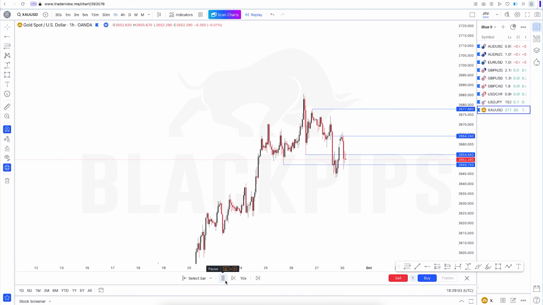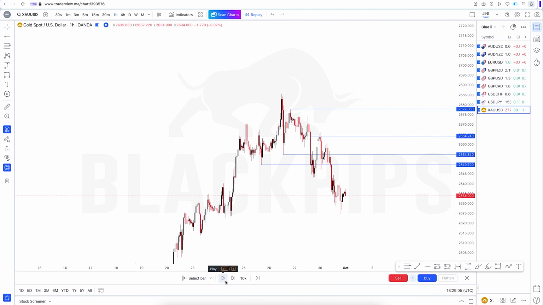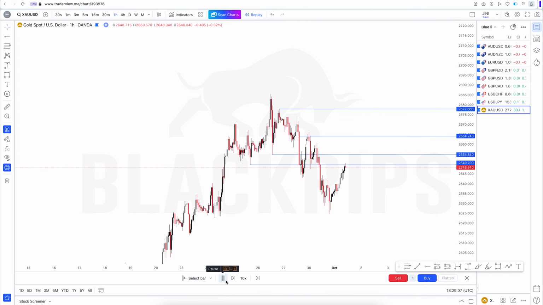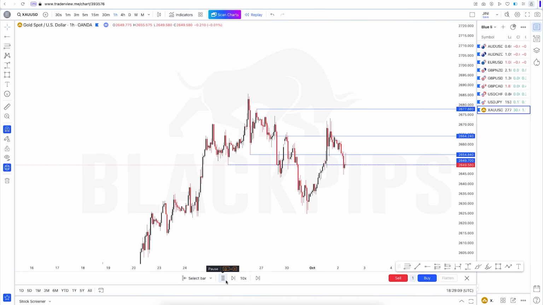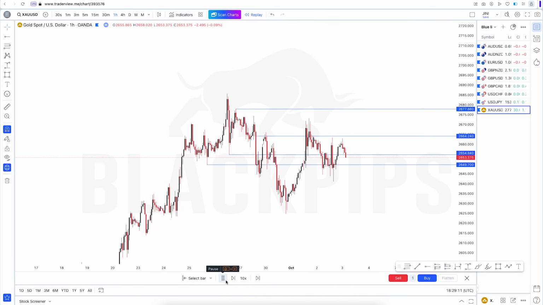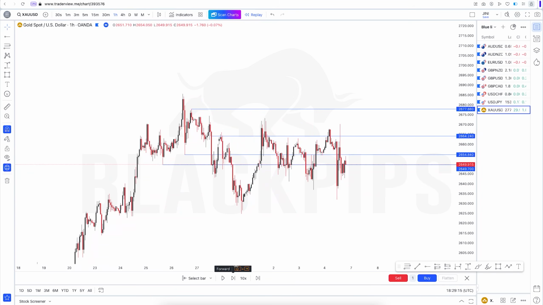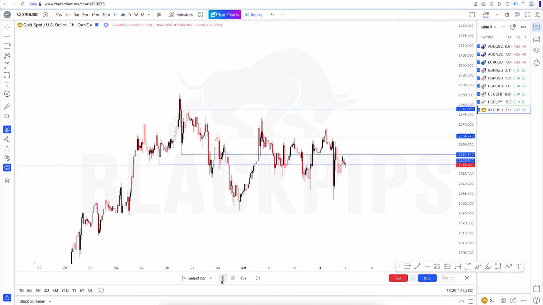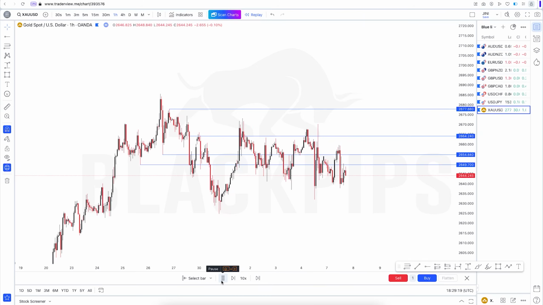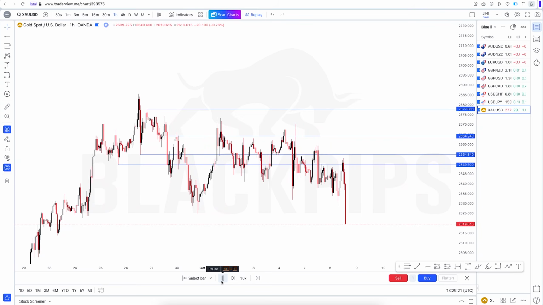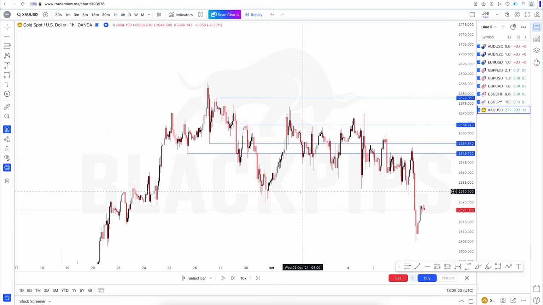So I didn't take this entry, but the market did that, and after that I had another entry which was formed after. Let me try to show you after this break of market structure here.